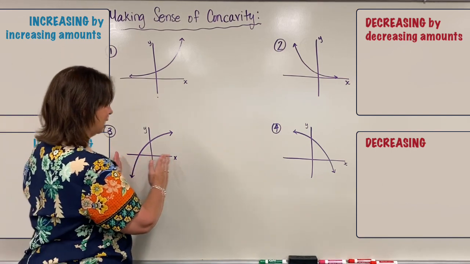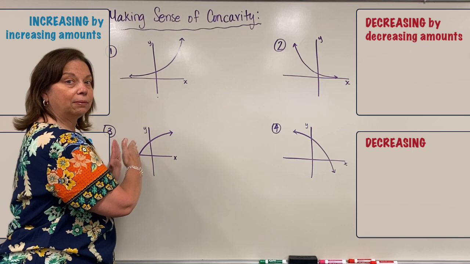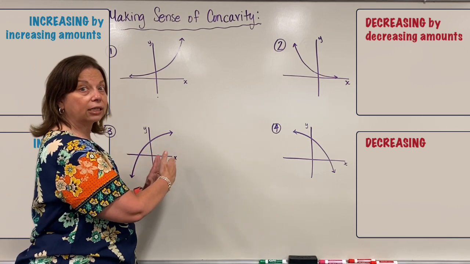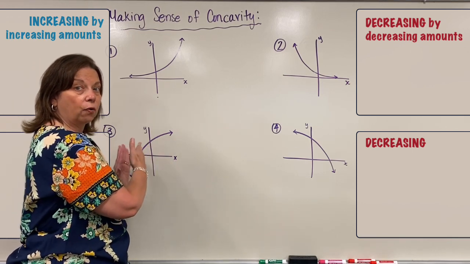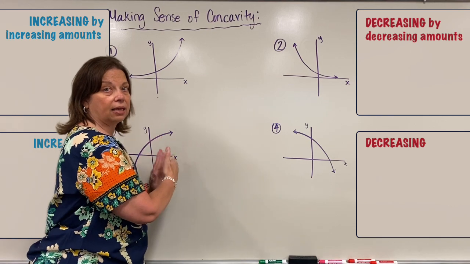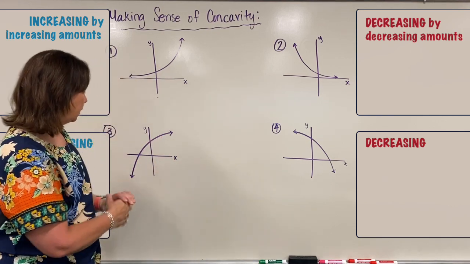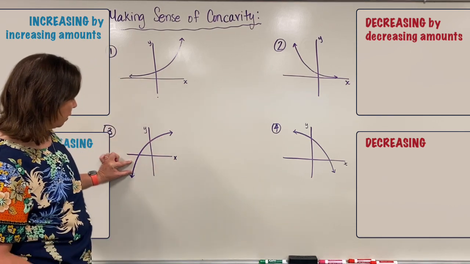As X increases by the same chunk, we always have to imagine the same uniform chunk of X being the increase from left to right. What now is happening to my Y values?